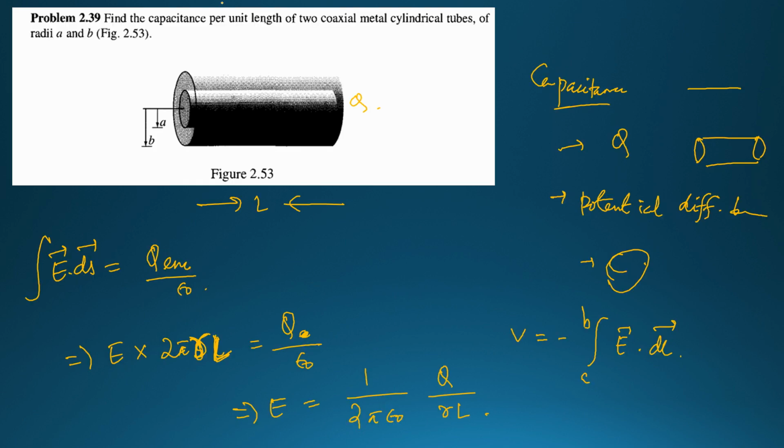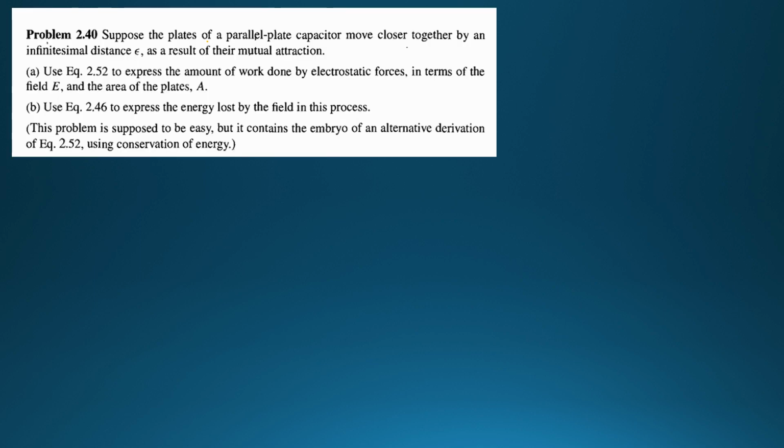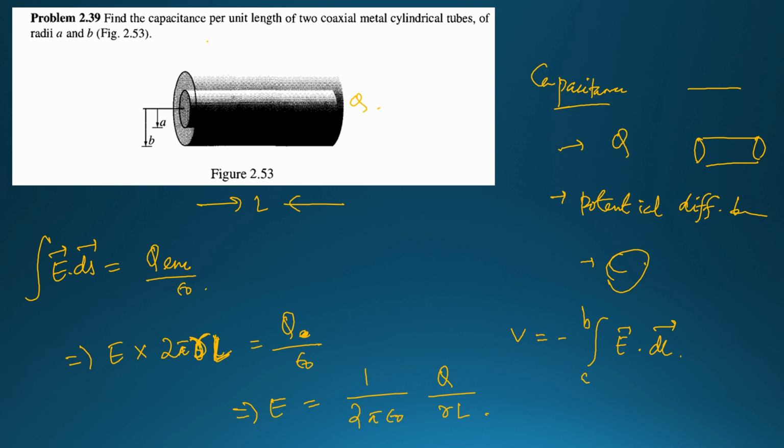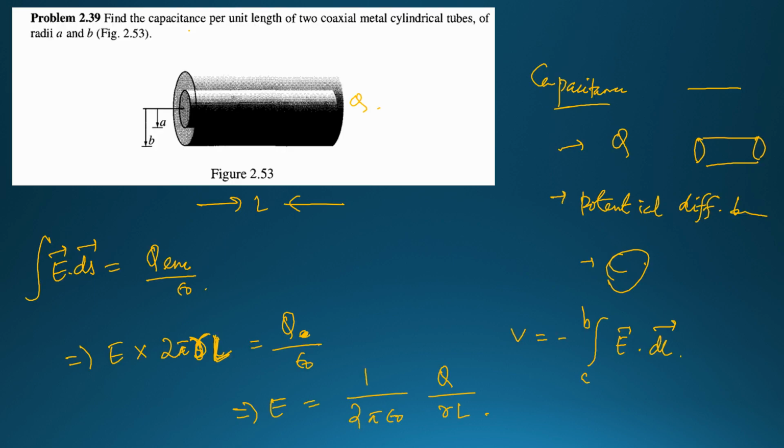So V is equal to minus the integral from A to B, where the electric field is 1 by 2 pi epsilon naught, q by rL, times dl.